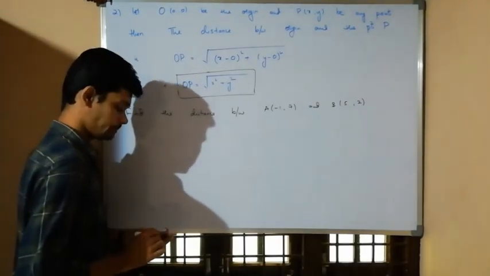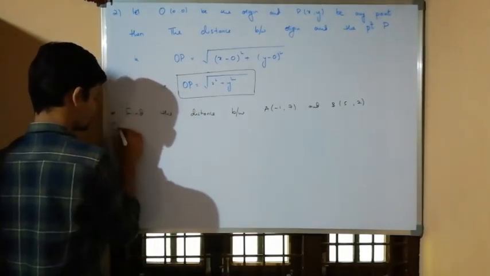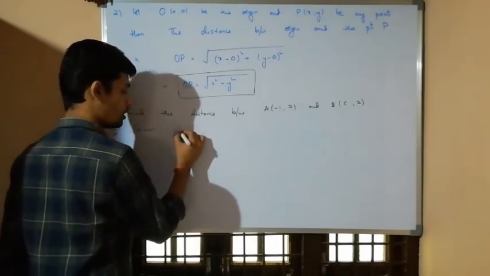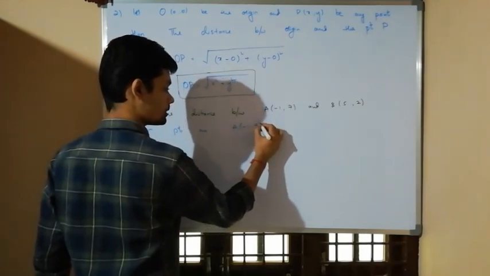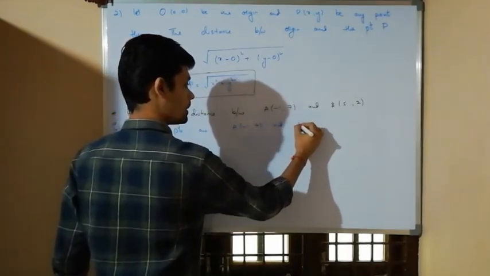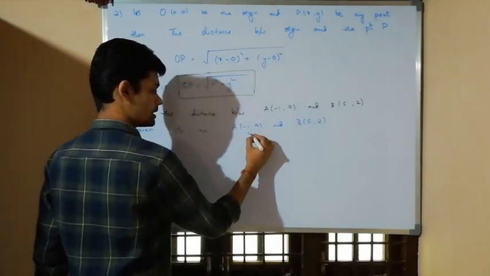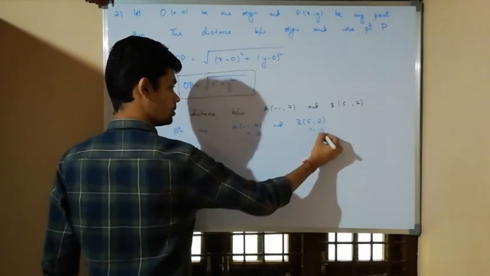Solution. Given points are A minus 1 comma 7 and B 5 comma 2. Let us take this one as x1, y1, x2, y2.